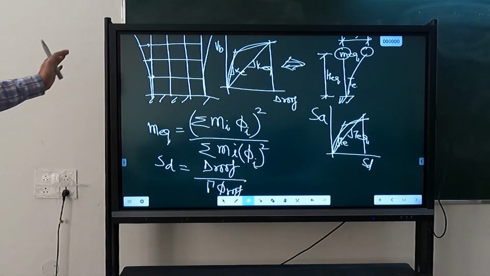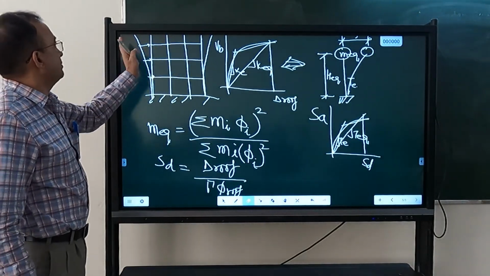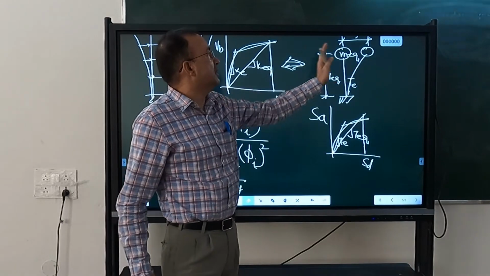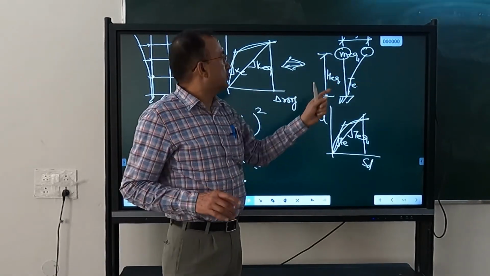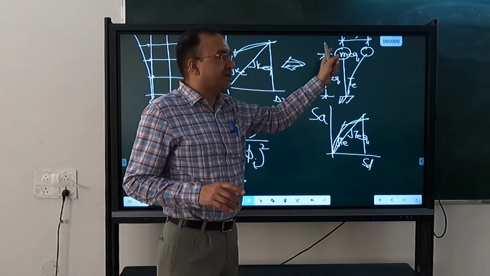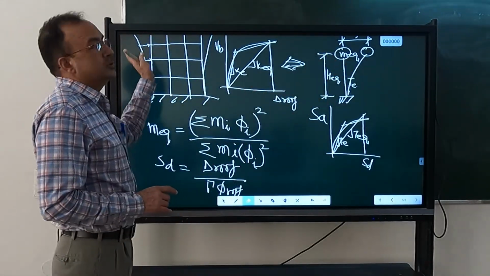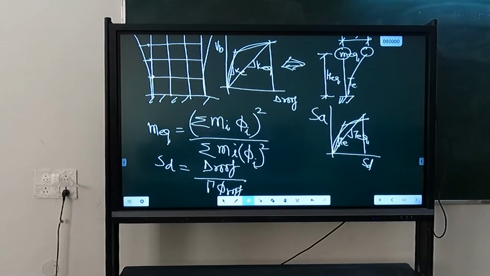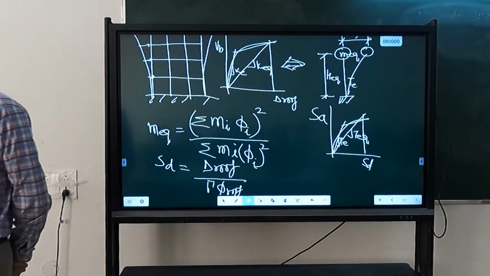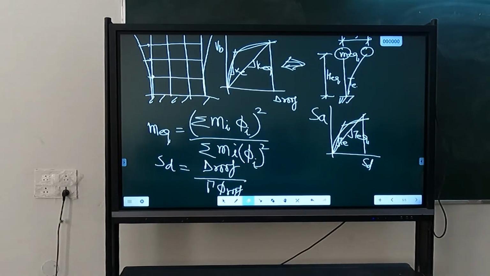Period comes from the analysis of either the multi-story building or the single degree freedom system. Both are the same. So the mass and stiffness of the two are related in such a way that both should have the same period.